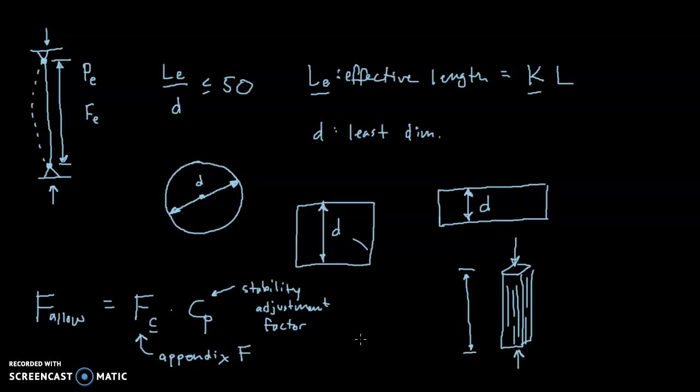It is affected by humidity. It has all sorts of natural defects, knots and splits and checks and twisting. And so we need to account for all of these variables in a timber column. In an actual code-approved design, there would be many of these adjustment factors. In this class, we're just looking at this one, C sub P, the stability adjustment factor.